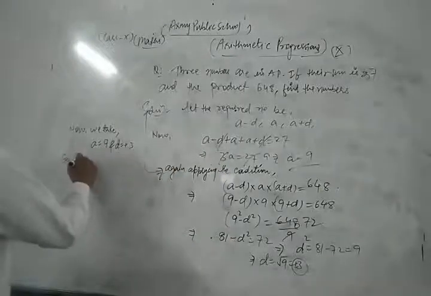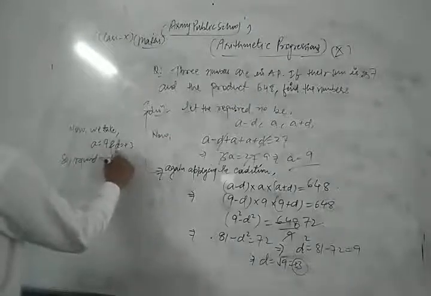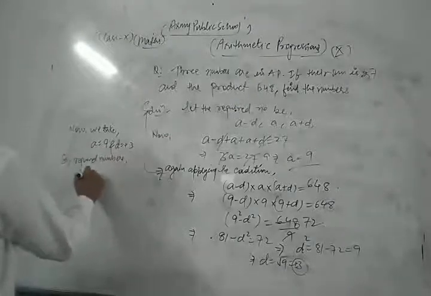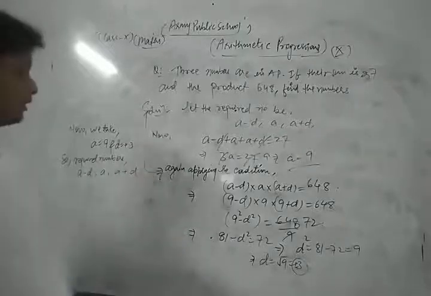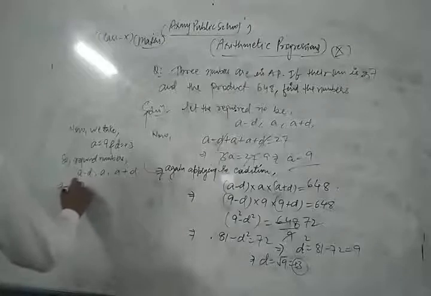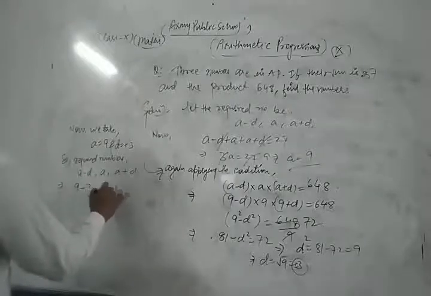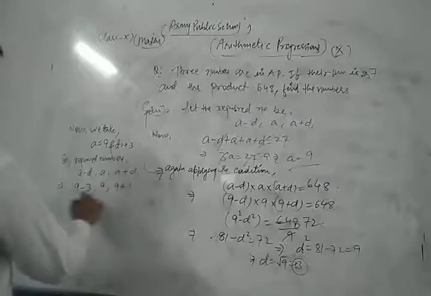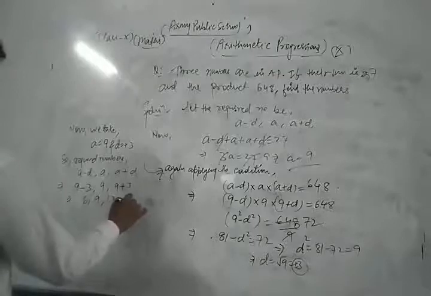Required numbers are a minus d, a, a plus d. So we get 9 minus 3, 9 and 9 plus 3, that is 6, 9, 12.